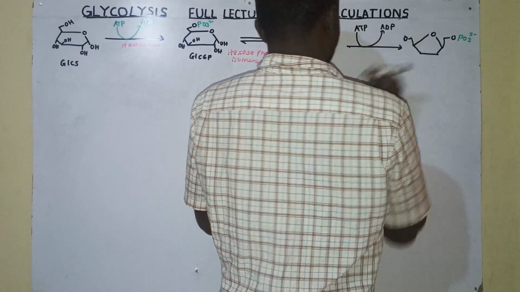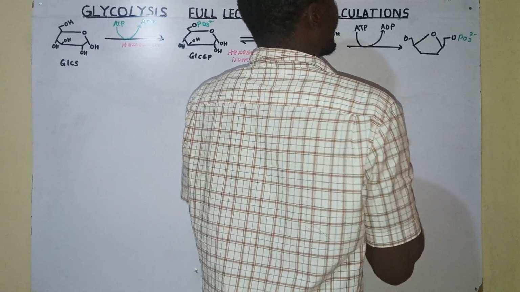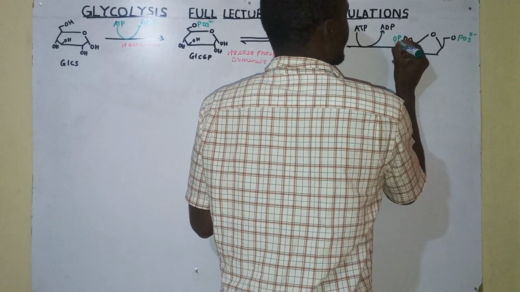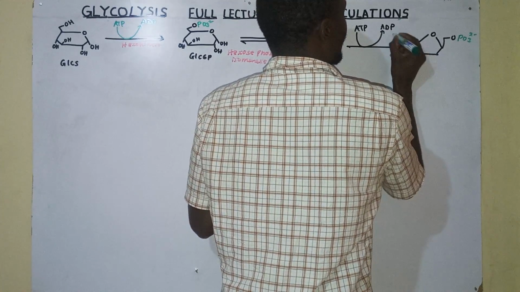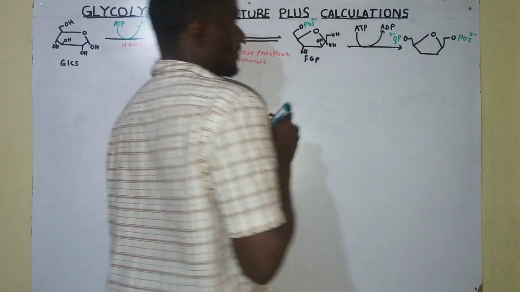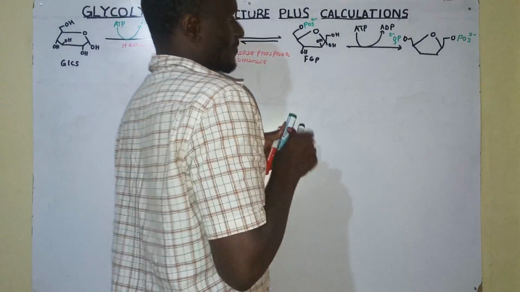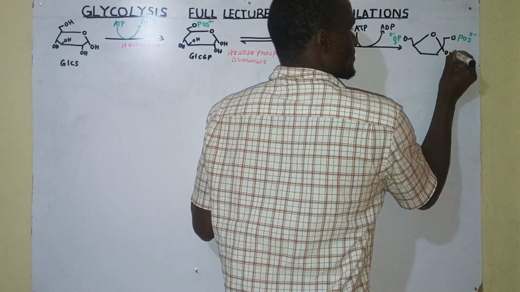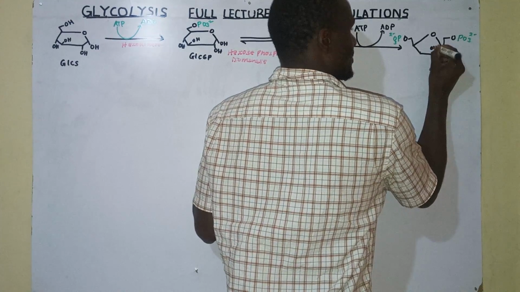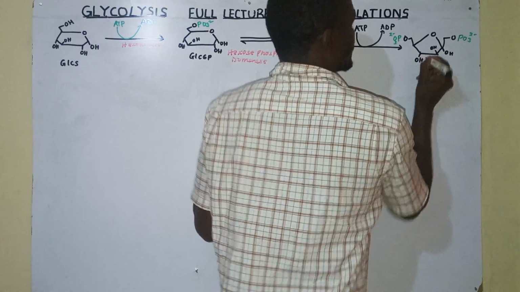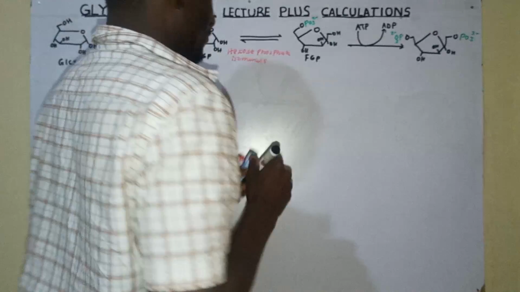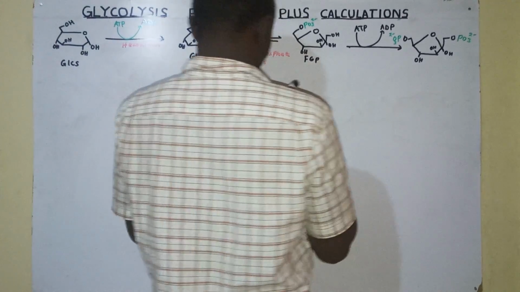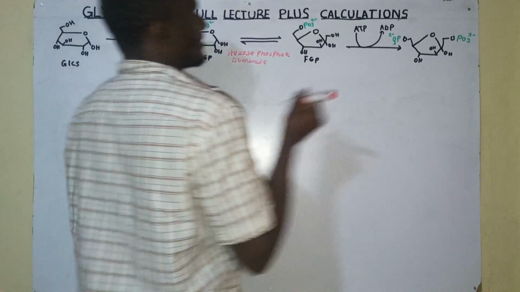So this is O, and this is our phosphate group. So this is the way we draw it. So our enzyme is phosphofructokinase. I'll be using red color there.